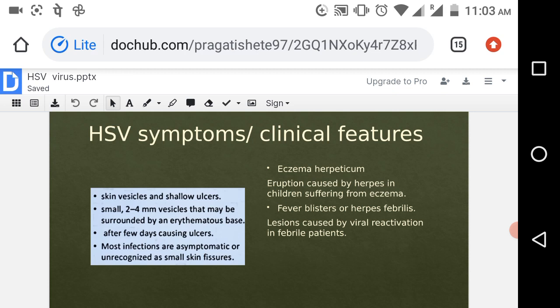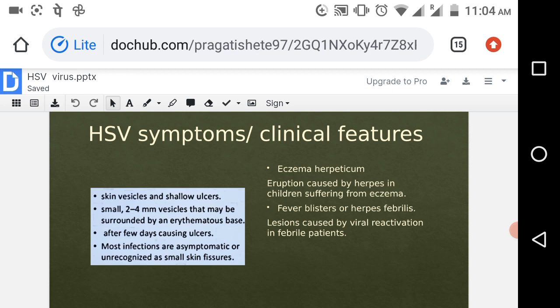The children are already suffering from eczema, and that is why it is termed eczema herpeticum, which results in the eruption.